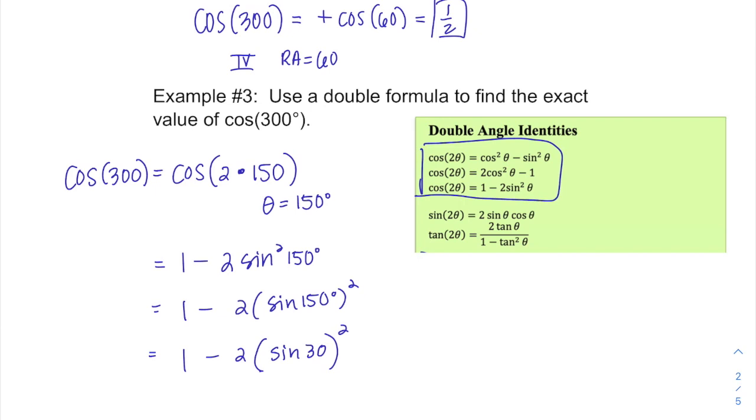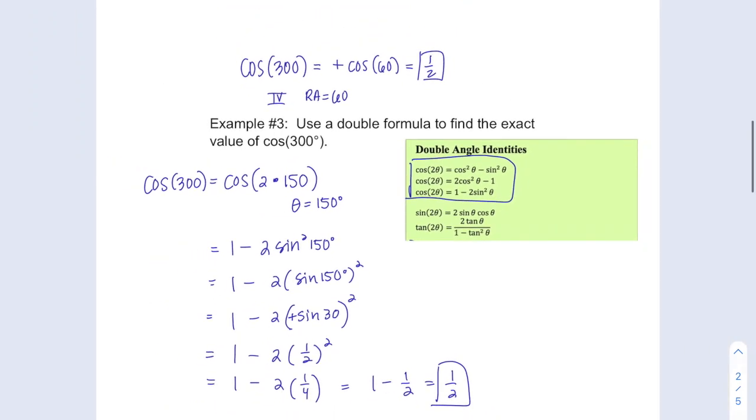And 150 is in the second quadrant, so sine is positive. And I know what the sine of 30 degrees is. It's 1/2. So 1 minus 2 times a fourth is equal to 1 minus 1/2, which equals 1/2. So it's an alternative way of getting that exact value.